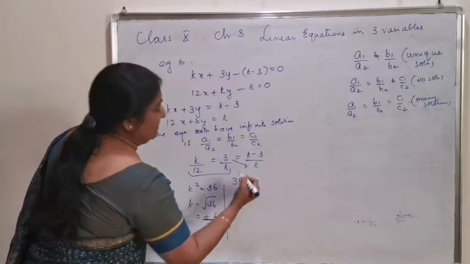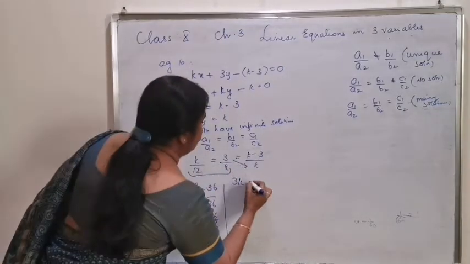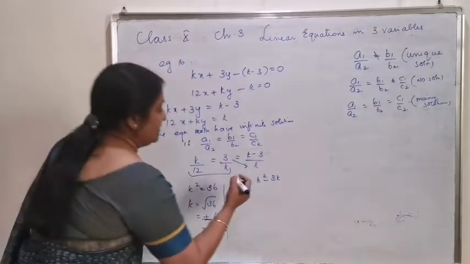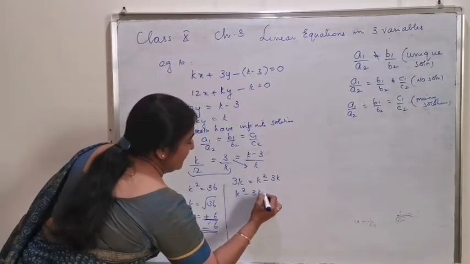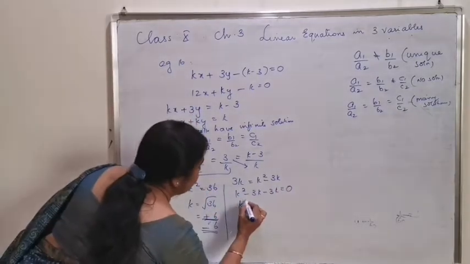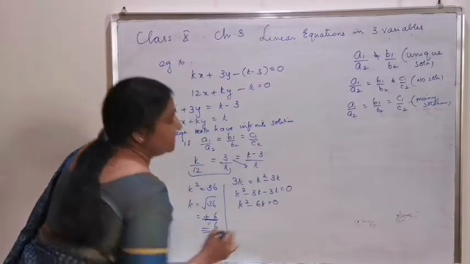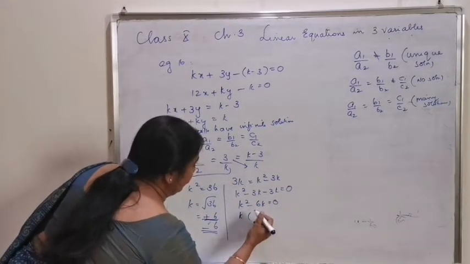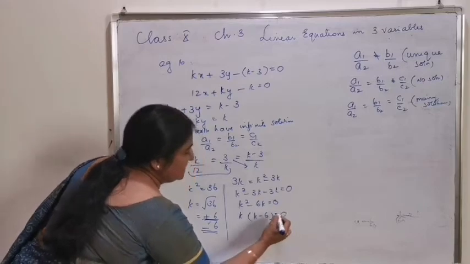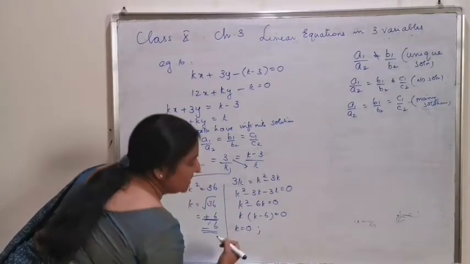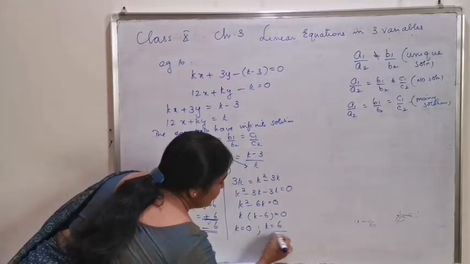By the second combination, 3k is equal to k square minus 3k. K square minus 6k is equal to 0. The factorization is k into k minus 6 is equal to 0, which shows that either k is 0 or k is equal to 6.